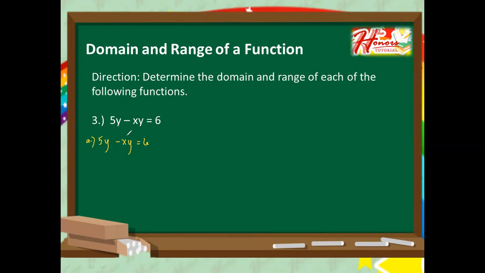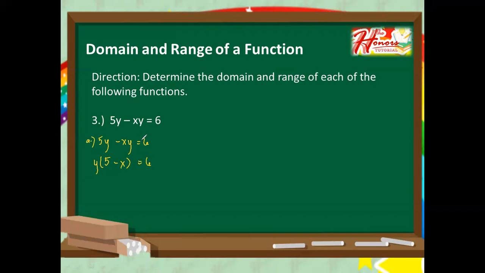So this is what you are going to do first before transposing any numbers. Kindly factor out y. So we will write y at the left side of our parenthesis or outside the parenthesis. So that is y times (5 minus x) equals 6.